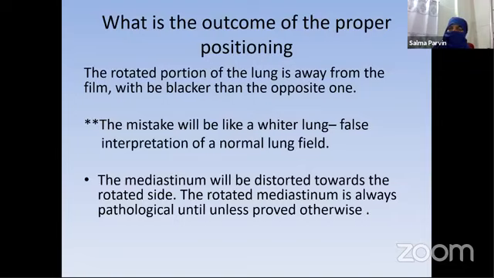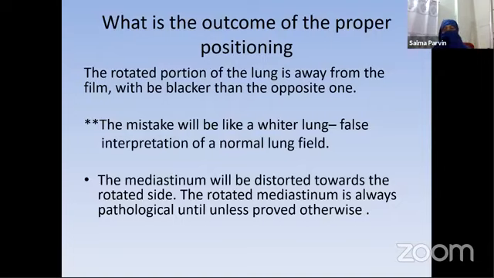Mind it, the patient has got a right pulmonary collapse, not seen well in X-ray, and the patient has got a leftward rotation. What you need to interpret very nicely is that the patient has got a right-sided collapse, so the mediastinum is usually shifted to the right, okay?